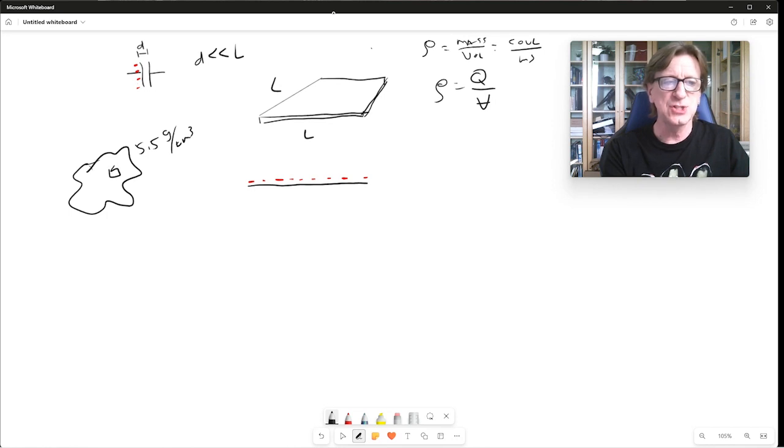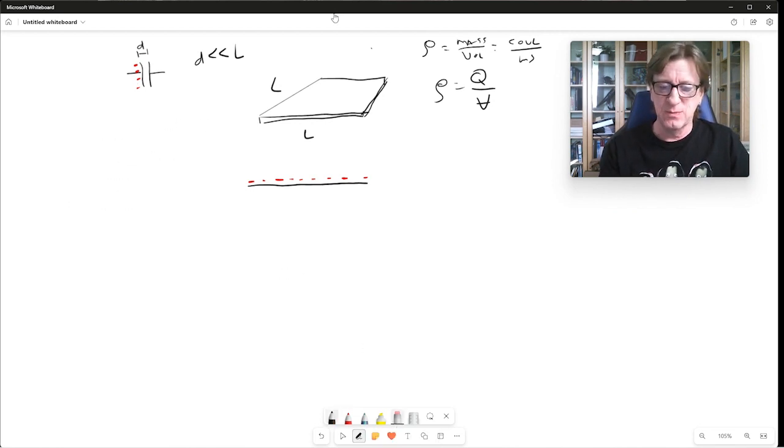So any little chunk that I take has that same density of 5.5. If I want to know how much mass is contained in here, all I need to do is multiply this density by the volume of that little chunk, and I'll have the mass that's in that chunk. But rho itself is the same throughout.